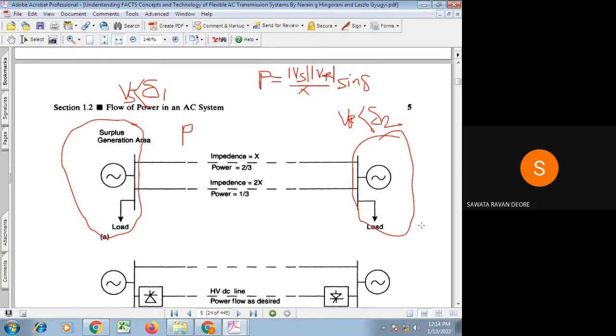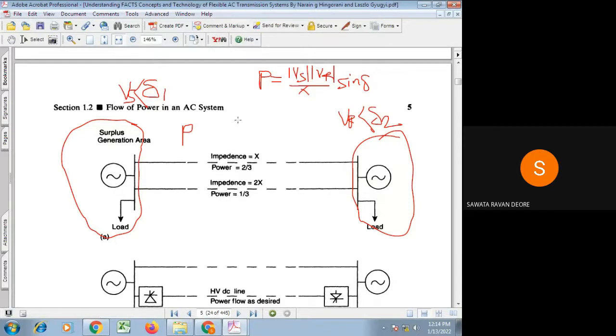As their ends are connected to common buses, what does it mean? For line 1, the end bus voltages Vs and Vr are the same as for line 2 also, as well as the angle delta, that is the difference of the Vs angle and Vr angle, delta 1 minus delta 2. That is also the same for both transmission lines. This means Vs, Vr and sin delta are constant for both transmission lines.